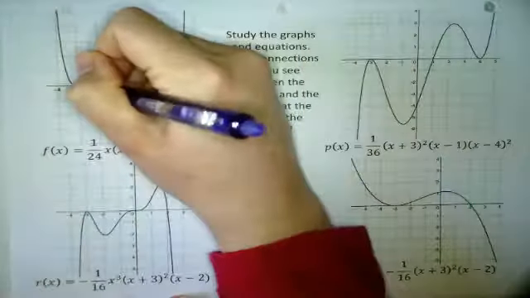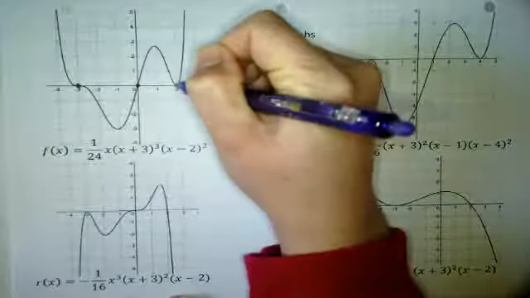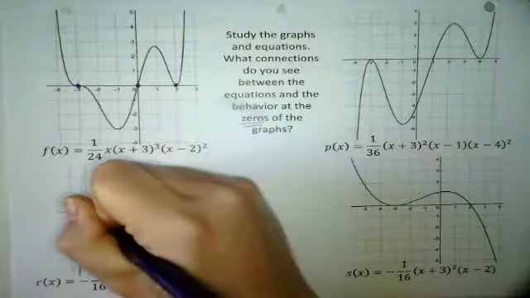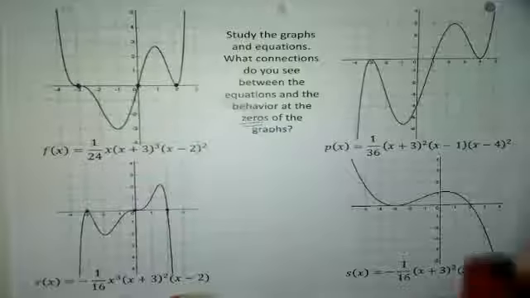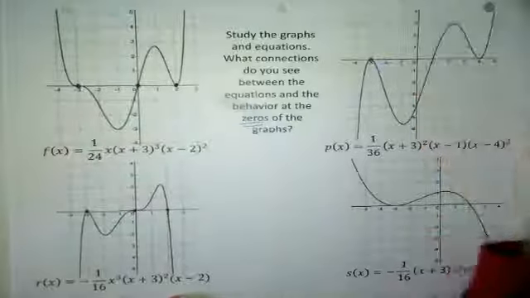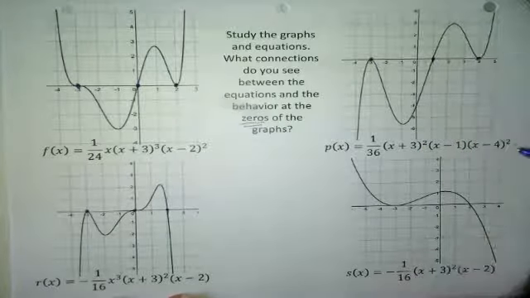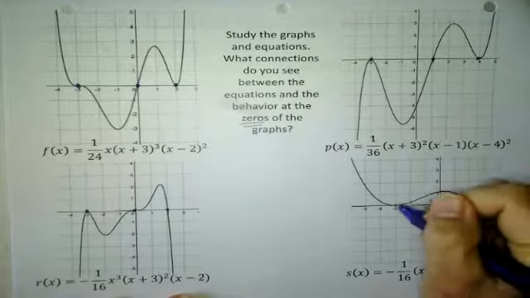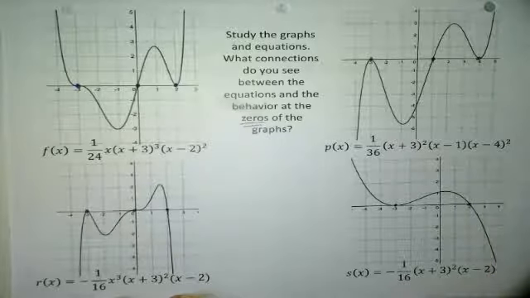Zeros are where it crosses the x-axis, or where it touches the x-axis. So look at all of these zeros, pause the video, and see if you can match what's happening in the graph and recognize a pattern in the equation. All right, so pause your video and come back in just a second.